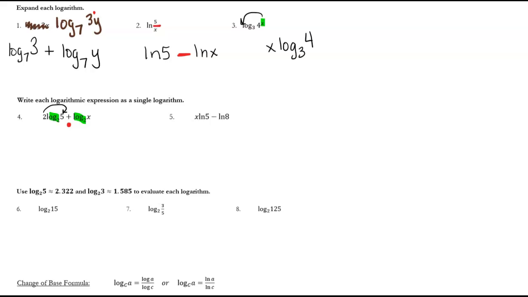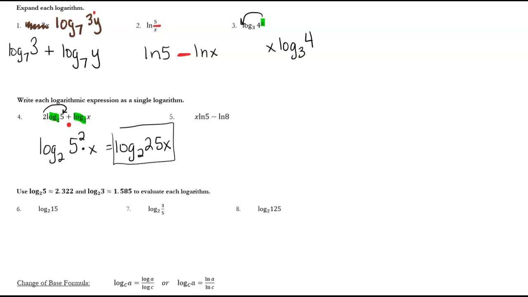I have log base 2 on both of them. So that's what I have as my base, log base 2. I start with a 5, and remember I moved the 2 over, so it's 5 squared, and then it's times x. And we're going to simplify it, and the answer is going to be log base 2. 5 squared is 25, so it's 25x. And that's the answer of how you condense it.